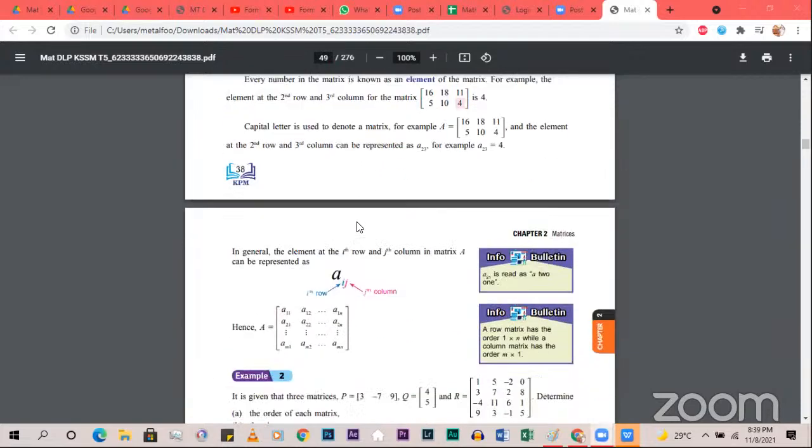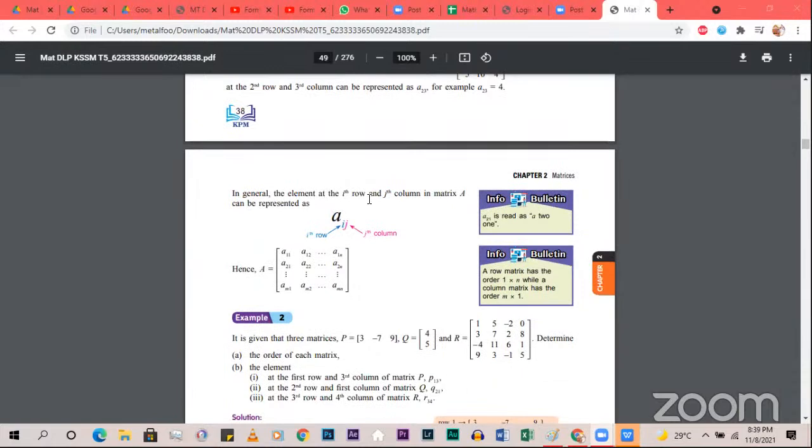Row by column. In general, the element at the i-th row and j-th column in matrix A can be represented as a_ij, the i row and j column. This is A11, the first row and first column.